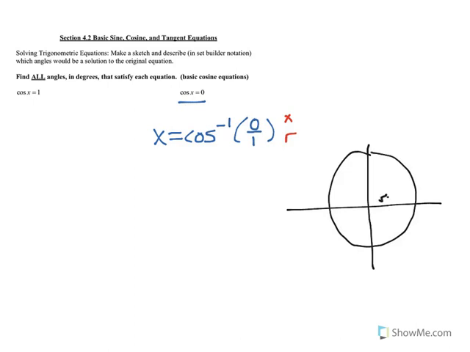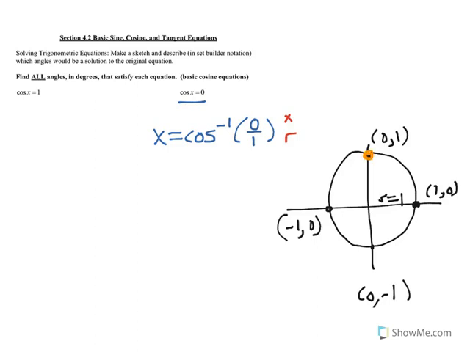So if the radius is 1, this point would be 1, 0. This would be 0, 1. Negative 1, 0. And 0, negative 1.